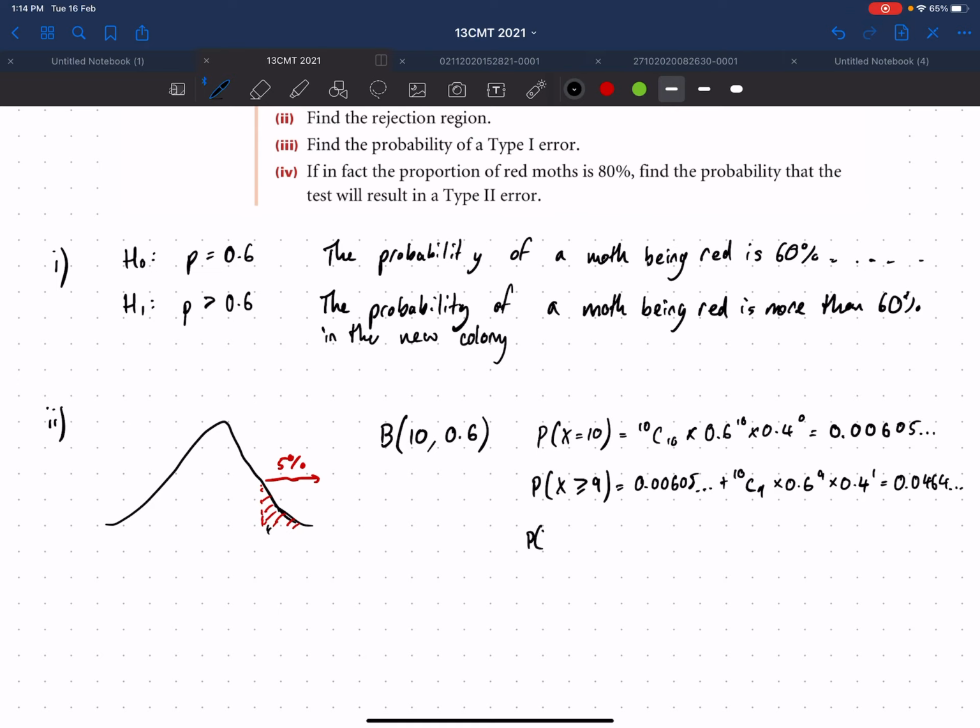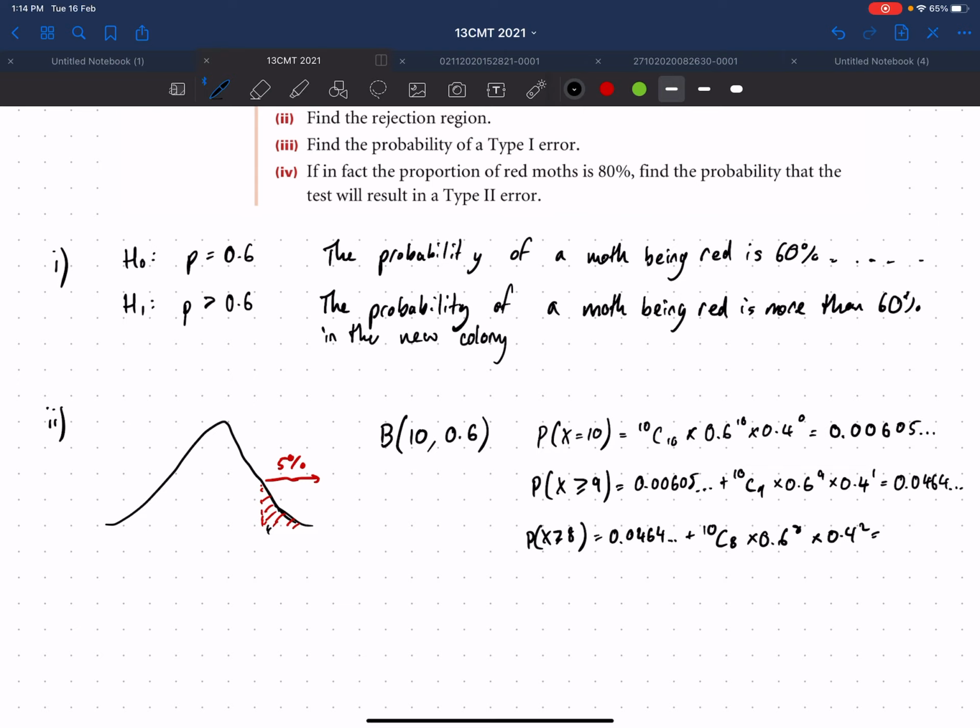So if I do the probability x is greater than or equal to 8, I take 0.0464 to 3 significant figures and add our 10c8 onto that. So again, if you've got this on your calculator and your previous thing is the answer plus the 10c9 one, you can just go in and alter your powers.